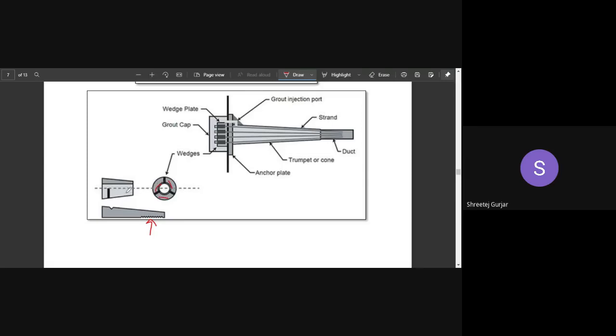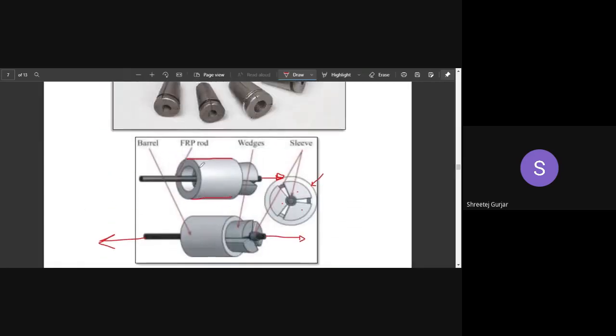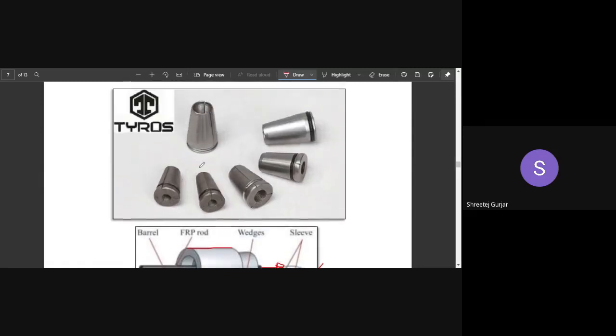This is the side view, where you can see it is a conical shape, tapered at one end, with teeth which hold your steel in place and do not allow it to slip. So this is how wedges act and how they anchor your steel in place.